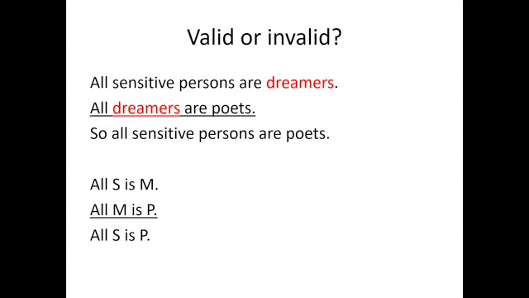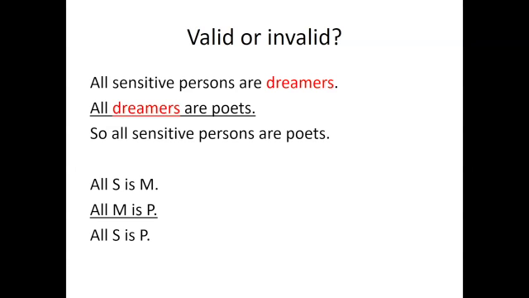Now, the fourth rule was that whatever is distributed in the conclusion must be distributed in the premises. So the conclusion here is that all sensitive persons are poets. So what we have to ask ourselves is, is anything in this conclusion distributed? Because if it is, it also has to be distributed in the premises according to the rule.